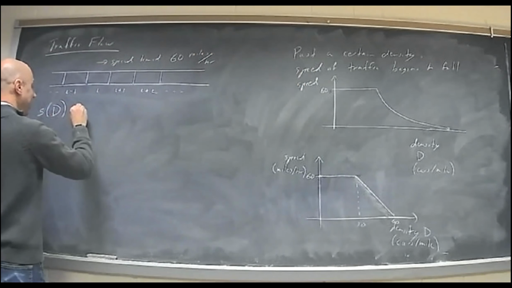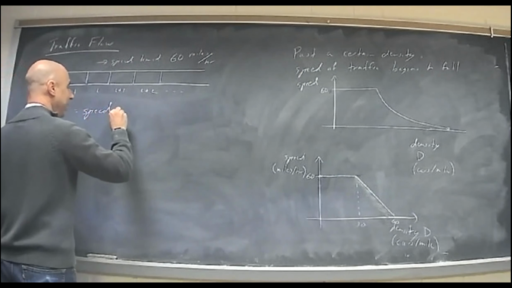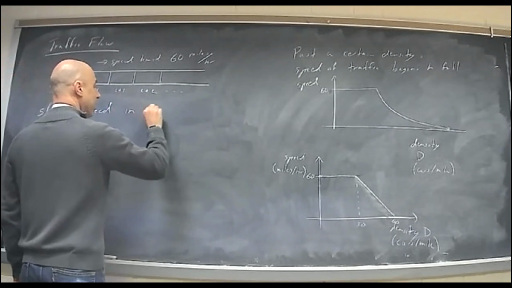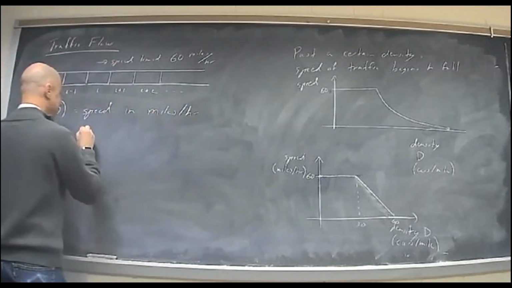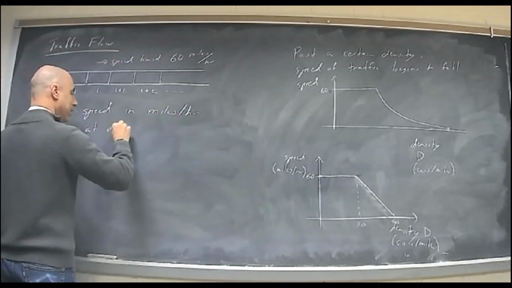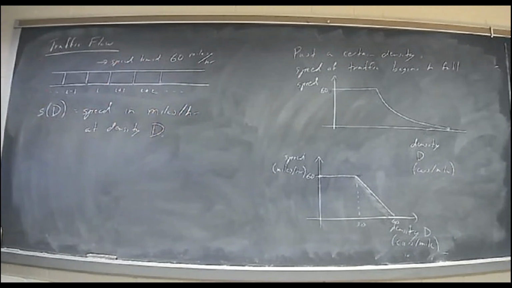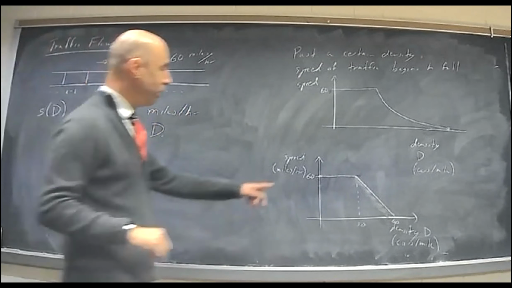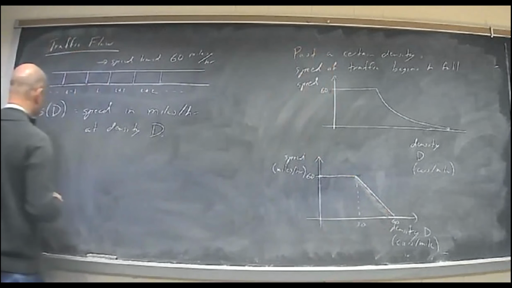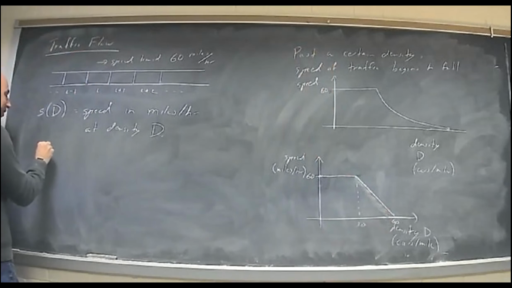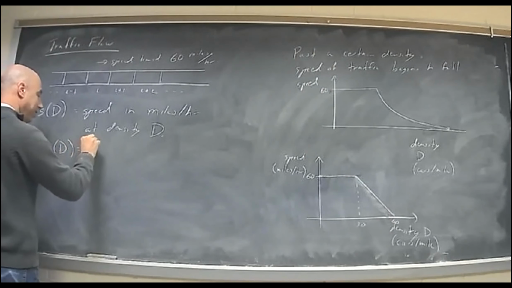This is going to be your speed on segment i in miles per hour at density D. And according to the picture that I've drawn here, we can work out a formula for S of D.